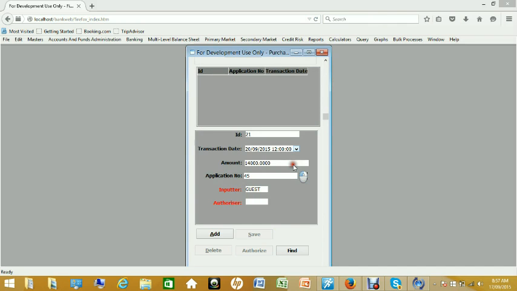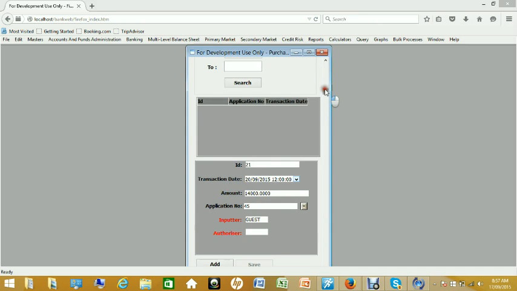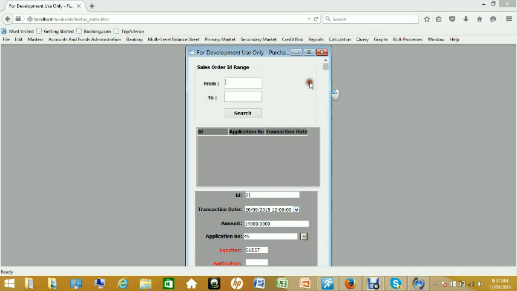So we have finished for all 3 dates. Now let's check whether all 3 dates have been saved or not. So 19, 20 and 21.